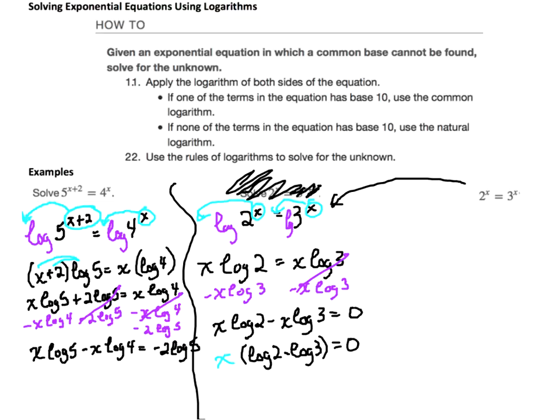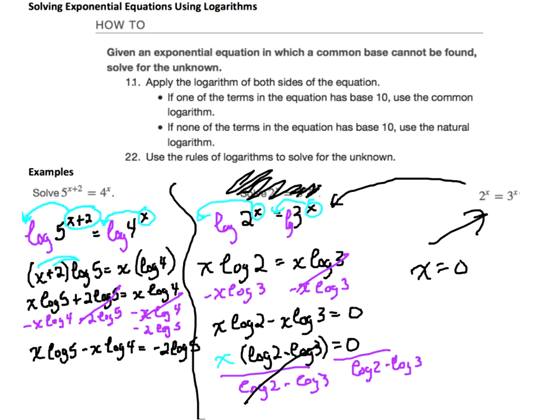Divide both sides by log 2 minus log 3. Well, 0 divided by anything is just 0. So I end up with x is 0. Now, look back up here.